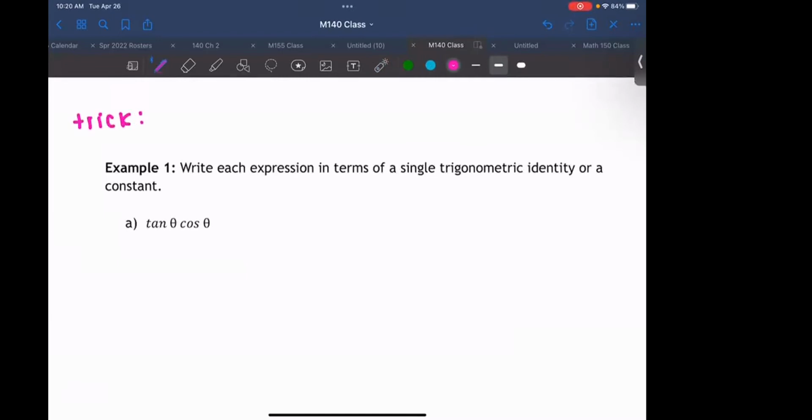Okay, so whenever you get a question that asks you to simplify the trig identity into a constant or a trig value, all you have to do is change everything into sine and cosine. This is the trick that works for me at least.